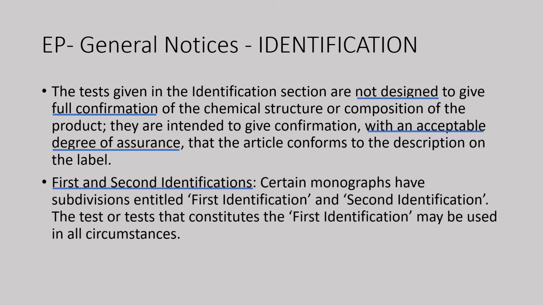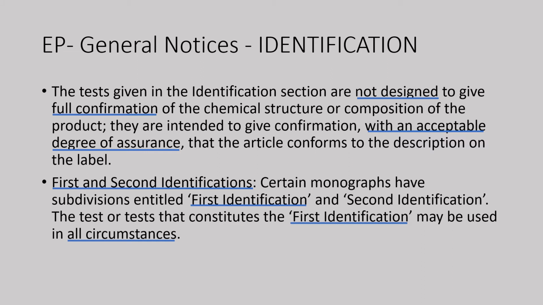The first and second identifications. Certain monographs have subdivisions entitled first identification and second identification. The test or tests that constitute the first identification may be used in all circumstances. Here comes the requirements for first identification and second identification tests.